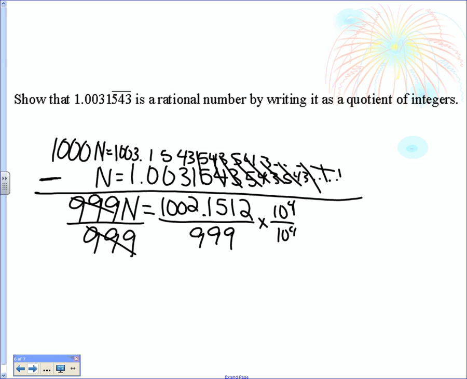Why 10 to the 4th? 1, 2, 3, 4 decimal places that I needed to get rid of. So what happens to my denominator? I add 4 zeros. That would reduce, right? Because they're even.